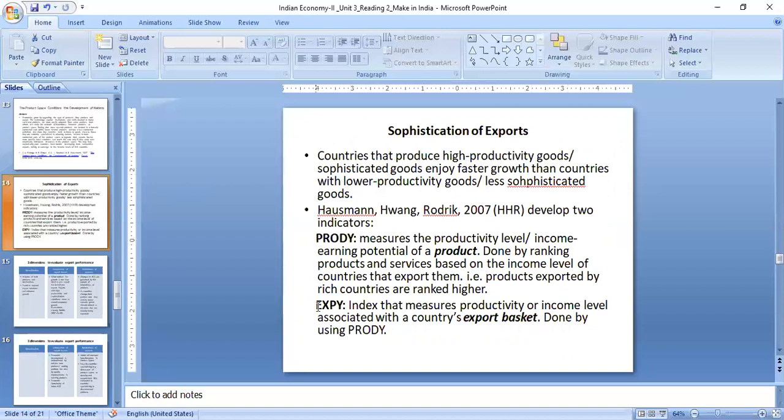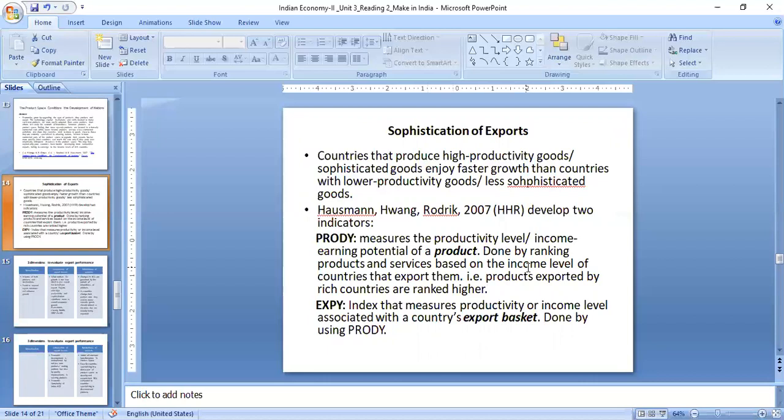There are two indicators developed by Hausmann, Hwang, and Rodrik. PRODY refers to the productivity level, that is, the income earning potential of a single product, and EXPY, that is, export Y, is how much productivity or income level is associated with a country's export basket. To see the difference between the two, PRODY is related to a single product. EXPY is related to a country's export basket.